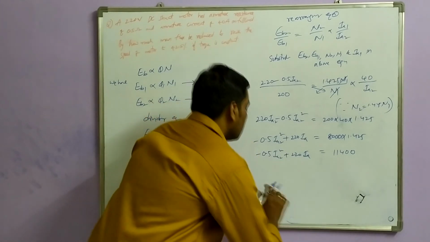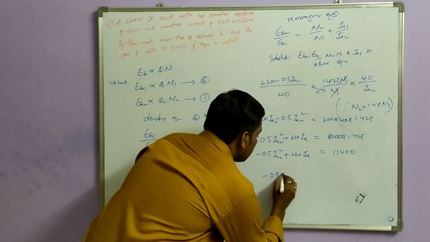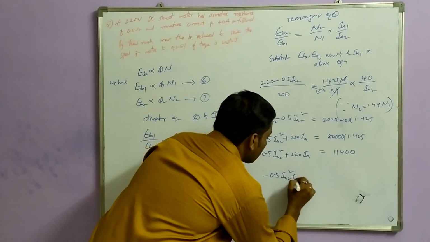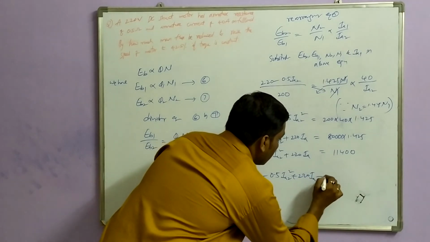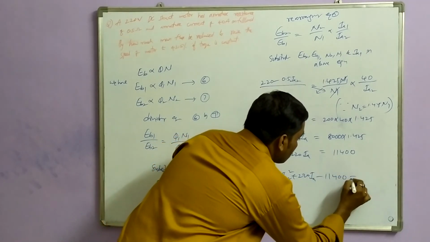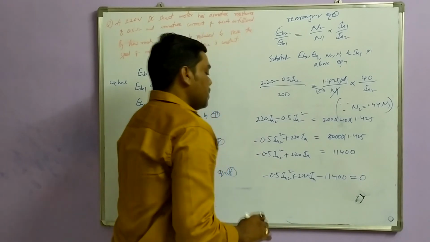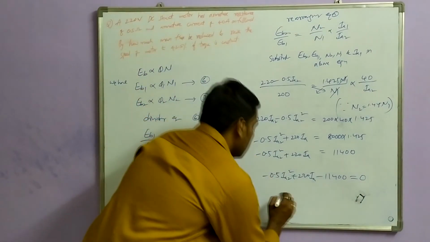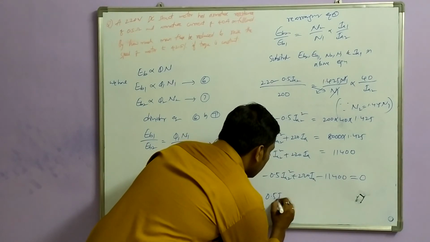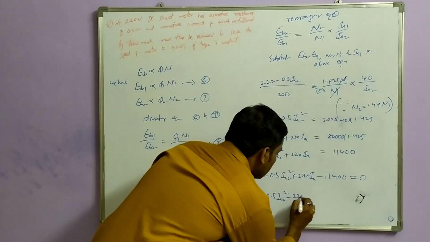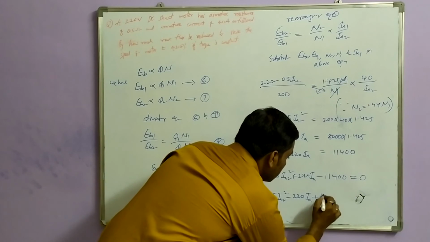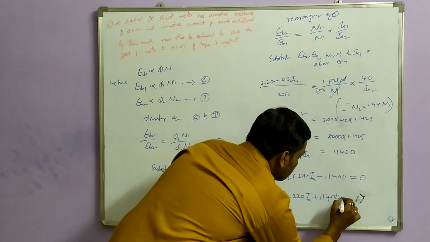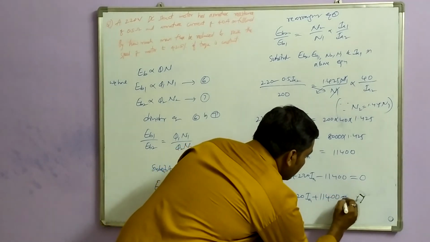Now take everything to the left hand side. Multiplying with the minus, you get 0.5 IA2 square minus 220 IA2 plus 11400 equal to 0.